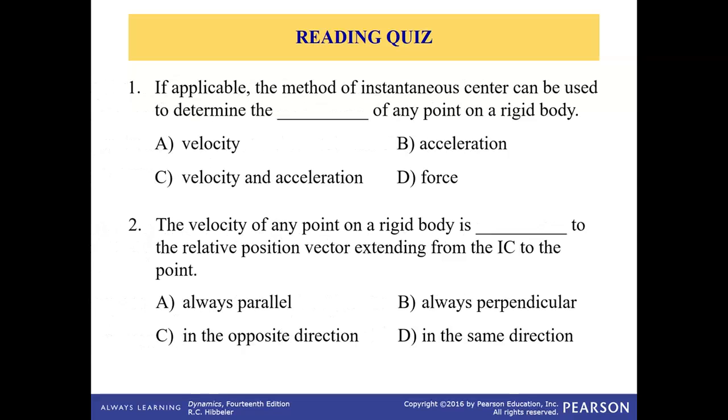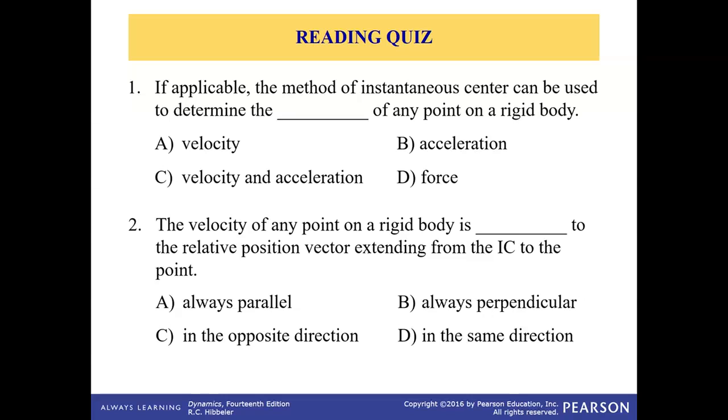So you should be able to answer these two questions. If applicable, the method of instantaneous center can be used to determine the blank of any point on a rigid body. And the correct answer is A, velocity. Question 2.